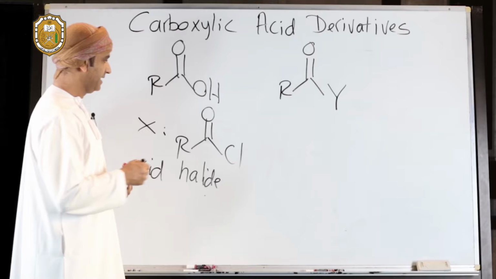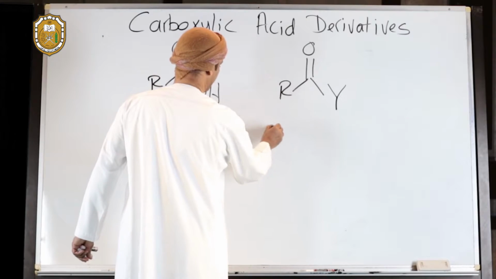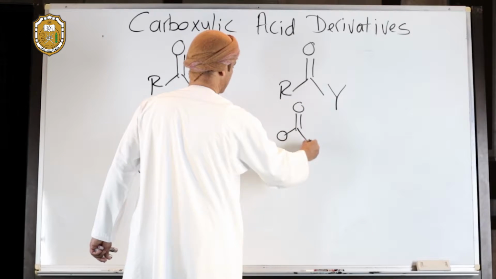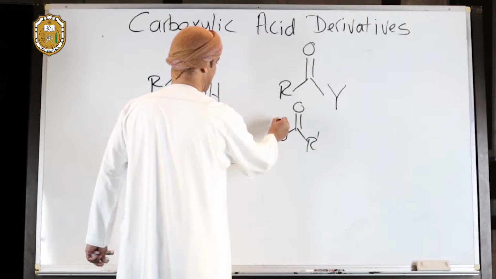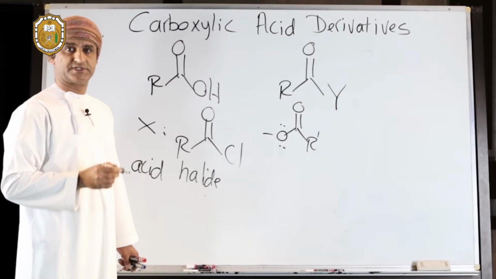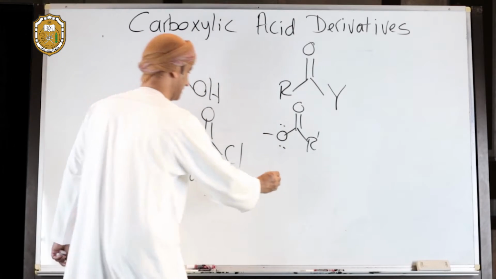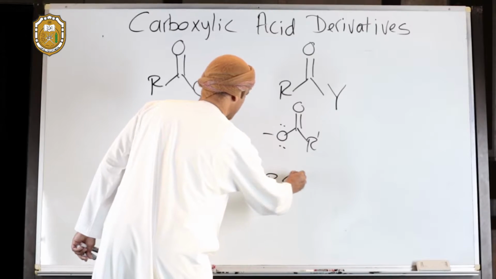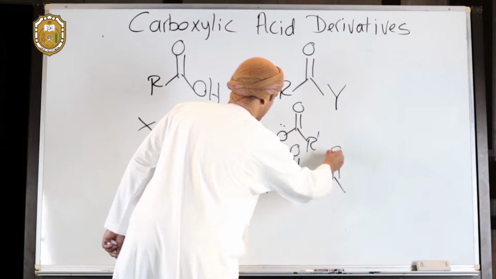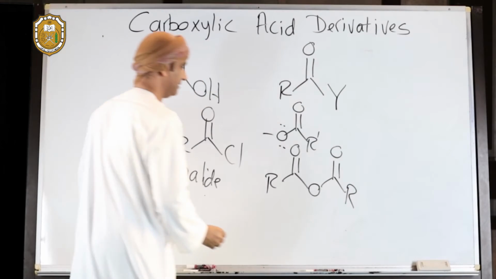Now, if Y is a carboxylate, something like that, then the carboxylic acid derivative is acid anhydride. So this is the general structure for acid anhydride.